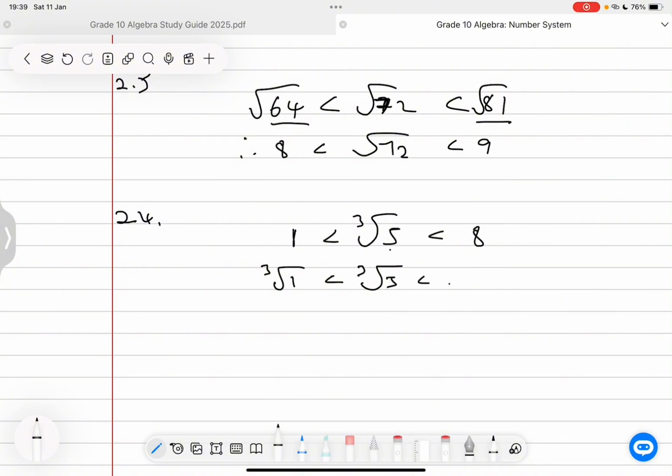So the cubic root of 1 is going to be 1, and the cubic root of 8 is going to be 2, because 2 to the power 3 is 8. So this means that the cubic root of 5 lies between 1 and 2.